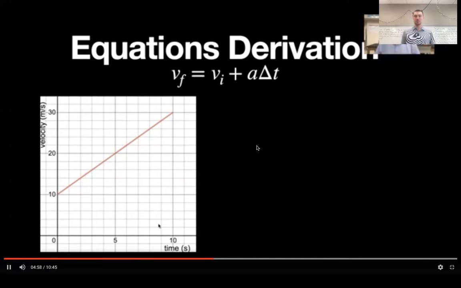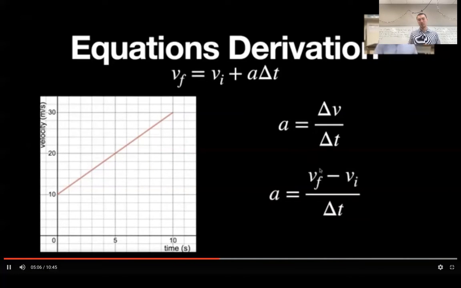Since slope is rise over run, that's going to be change in velocity over change in time. Well, remember, change is final minus initial. So I can say acceleration is final velocity minus the initial velocity divided by the change in time. Then I can just do some algebra rearrangement, multiply both sides by delta t, and then add VF to both sides. And then this equation is the same as this equation, just with some algebra rearrangement.